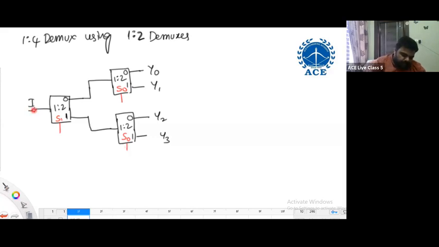The minimum number of demultiplexers required is also 2, as we have seen in multiplexer implementation. Whatever number of demultiplexers we are getting here, the same number we used while implementing the multiplexer. So exactly reverse. There it was first stage LSB, last stage MSB. Now first stage is MSB, last stage is LSB.